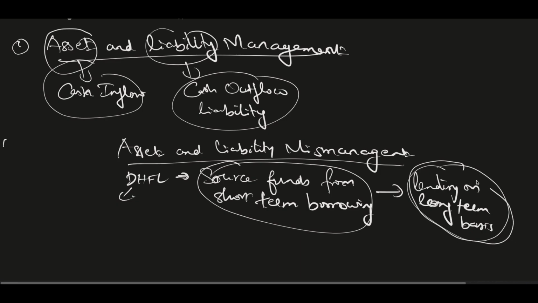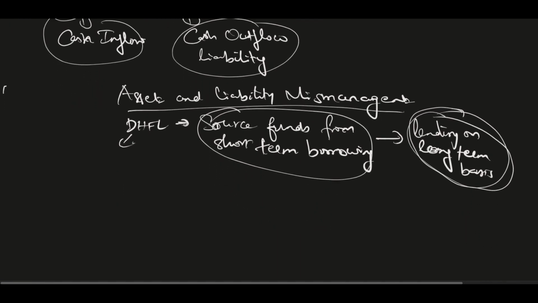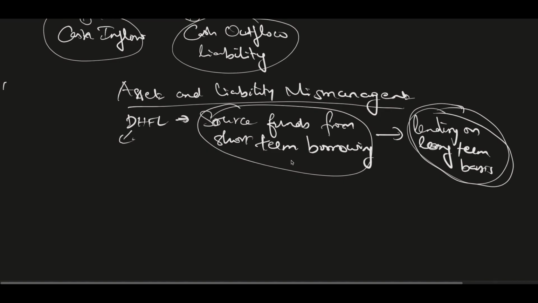There is a mismatch between your assets and liabilities. Your liability is appearing very quickly and your assets are going to come back very late. That led to asset liability mismanagement, and this company finally had to file for bankruptcy.